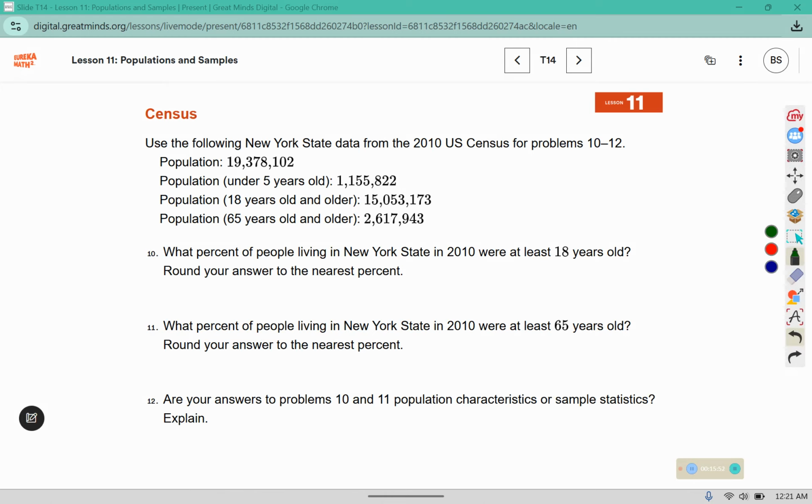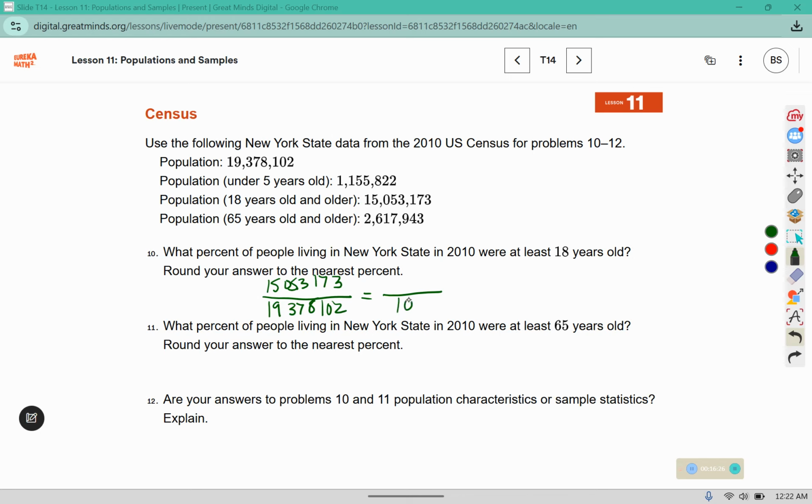This set of data here includes the 65 years old and older as well, because it's anybody older than 18, and so the 65-year-olds count in that category. So for this one, to find the percent, we have 15,053,173 out of the entire population, which was 19,378,102.